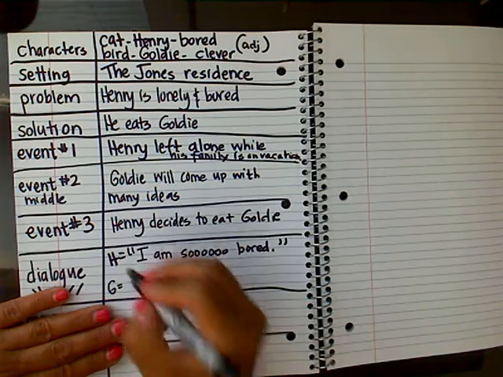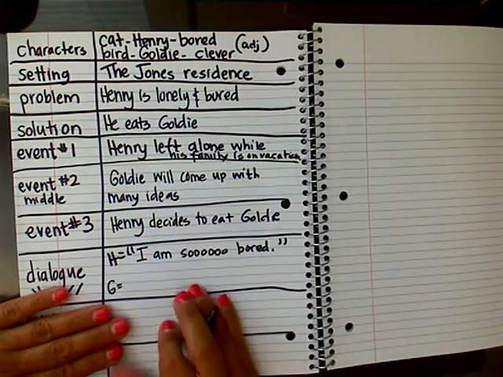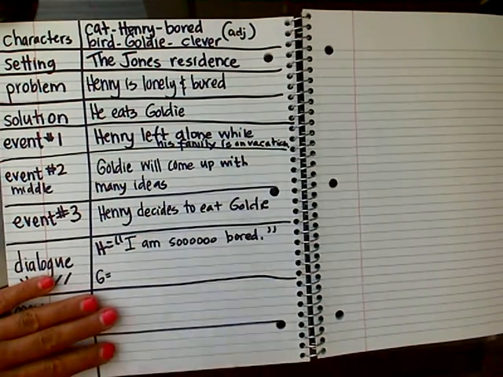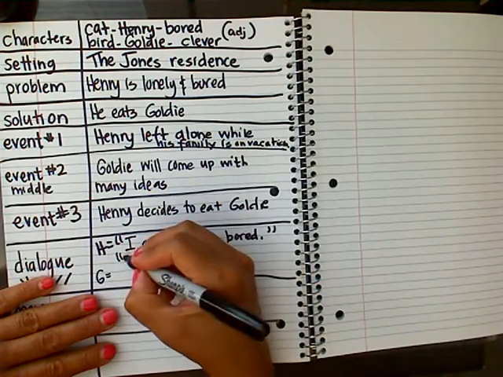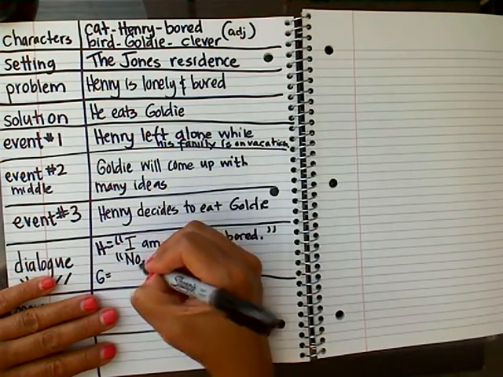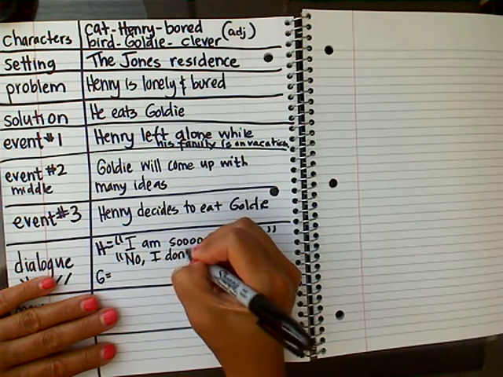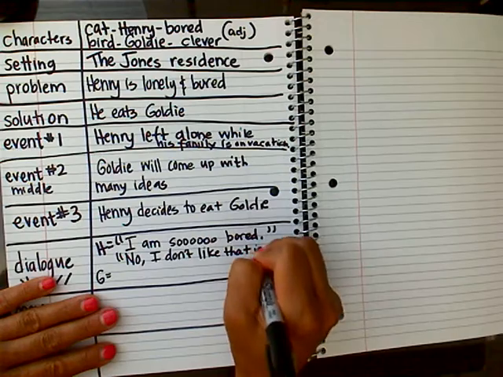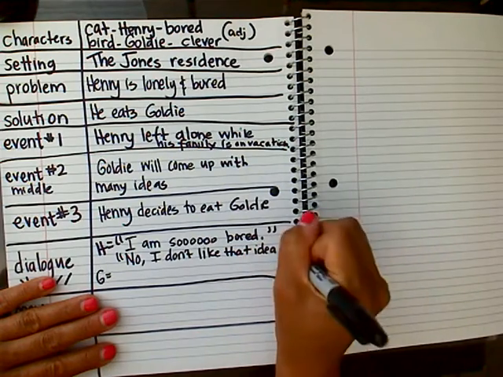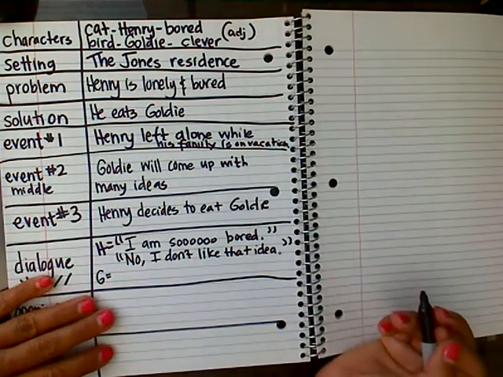Period, and then my talking marks. I'm also going to have Henry say, because Goldie's going to give Henry a lot of ideas, right? So I'm going to use my talking marks. "No, I don't like that idea." And then I'm going to put my period, and then I'm going to do my talking marks.